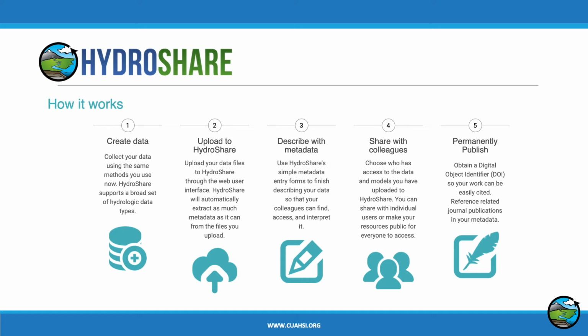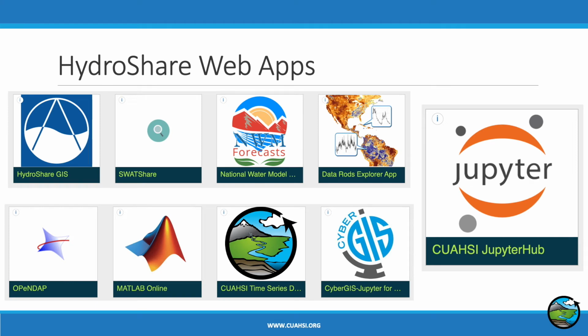Users can privately share resources with colleagues and collaborate using web-based tools, which I'll describe more in a moment, before publication. When the time comes, resources can be made public and discoverable on HydroShare and be given a DOI that can be used in publication. But the specific feature of HydroShare that we'll be focusing on today are the web apps.